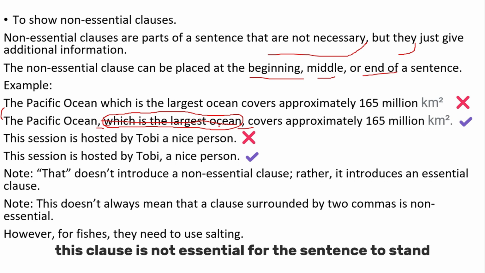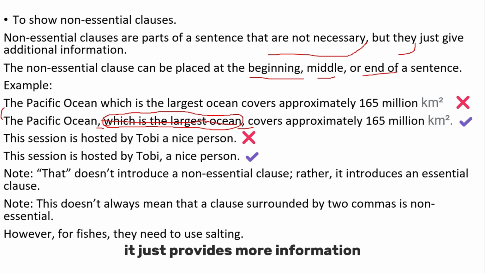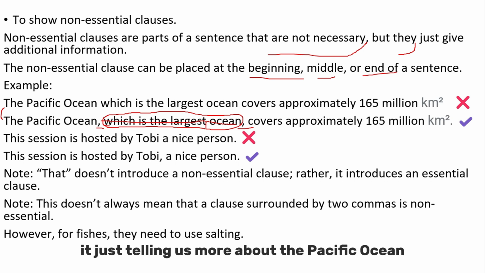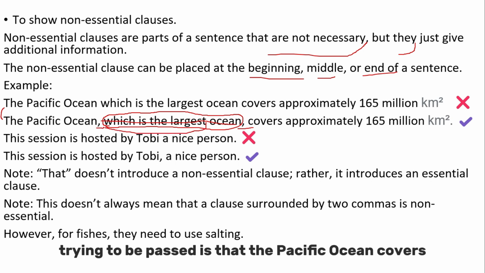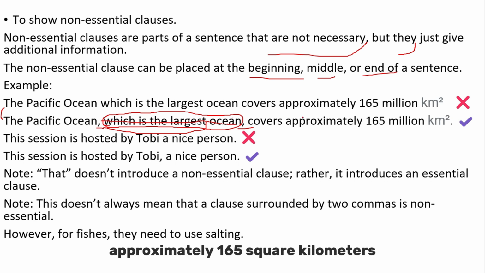So this clause is not essential for the sentence to stand. It just gives more information to the sentence. It's just telling us more about the Pacific Ocean. But the main idea being passed is that the Pacific Ocean covers approximately 165 million square kilometers.